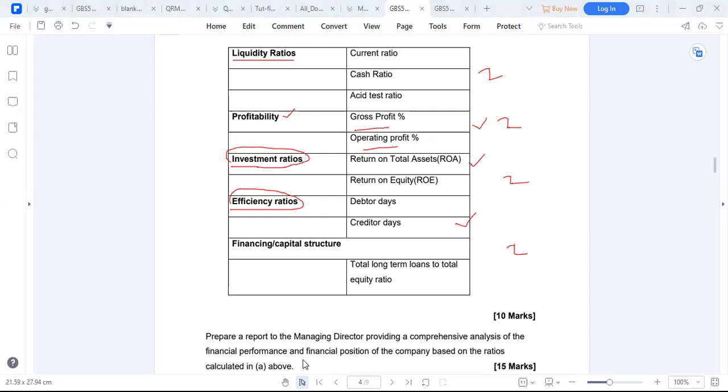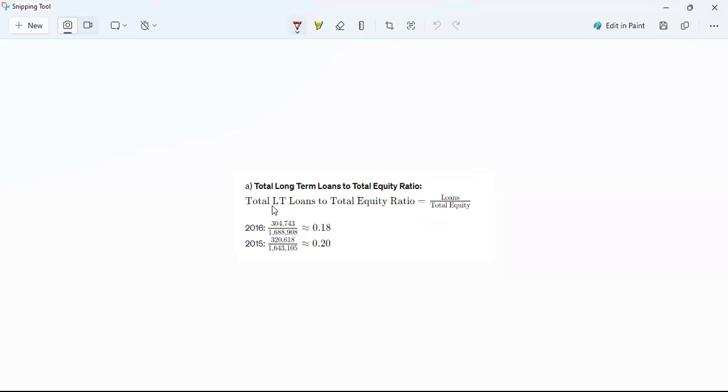So here, our total long-term loans to equity ratio, we're going to calculate as follows: total long-term loans over total equity.